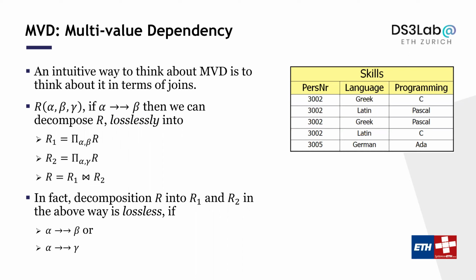That is something we are going to talk about in the next lecture. And given multi-value dependency, you can also define another type of normal form, very similar to how we define it for functional dependency, that helps us get rid of data redundancies caused by multi-value dependency. That's fourth normal form, something we are going to talk about in the next lecture.